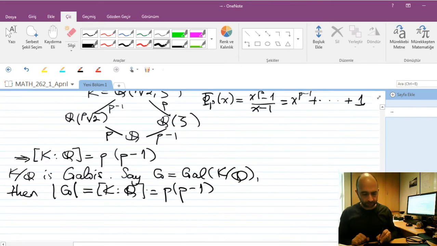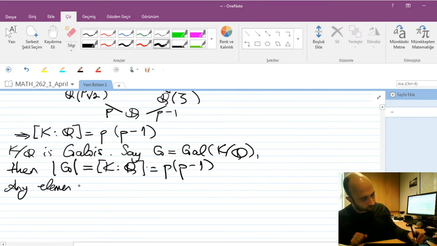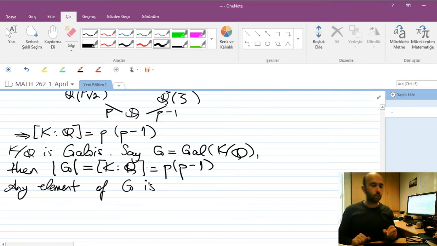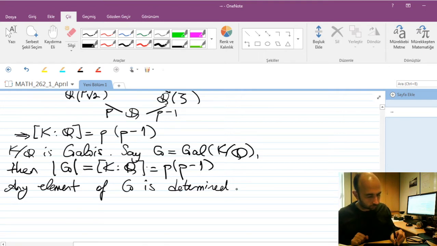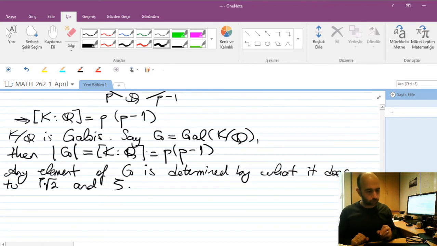Now, how to identify its elements? Any element of G is determined by what it does on p-th root of 2 and zeta. And these should be sent to conjugates.